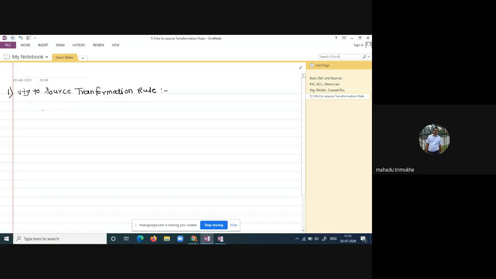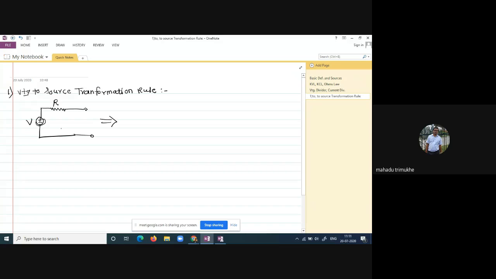I'll give an example. Suppose you have a voltage source with a series resistor, that is R. This voltage source you have to convert into a current source by using the transformation rule.